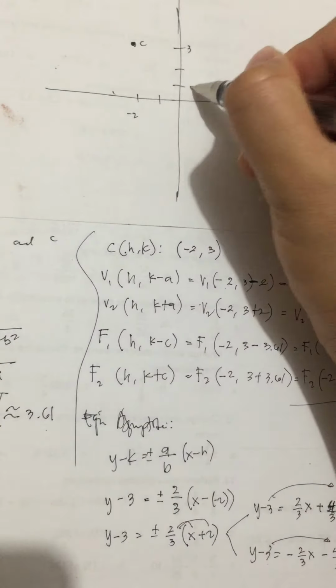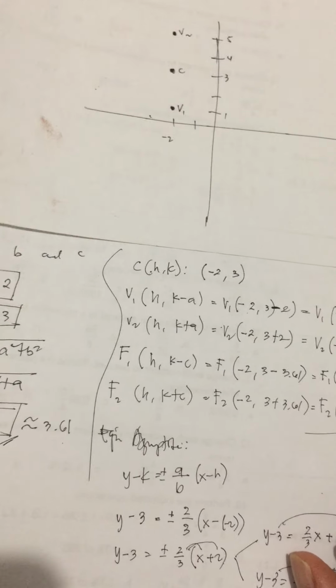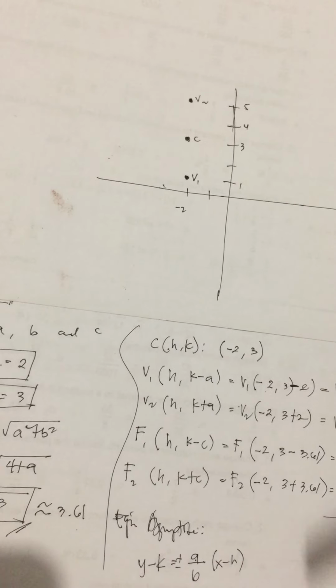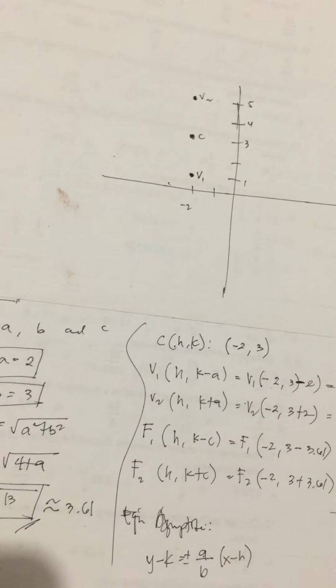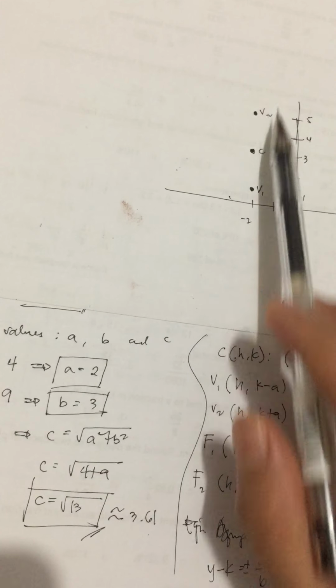After nyan, okay, after this, you are going to locate the conjugate, which is the value of your B. Since ito ating vertex is located up and down, no?